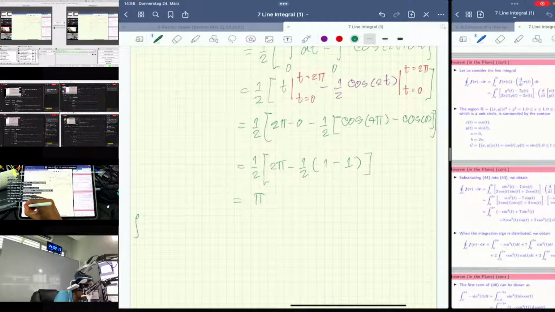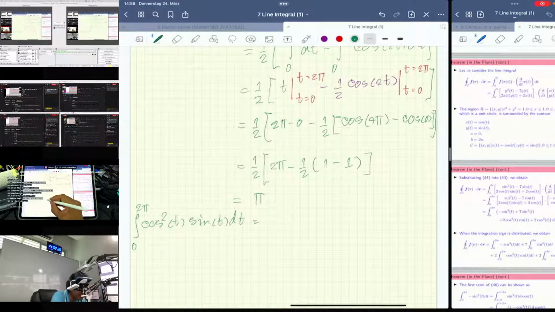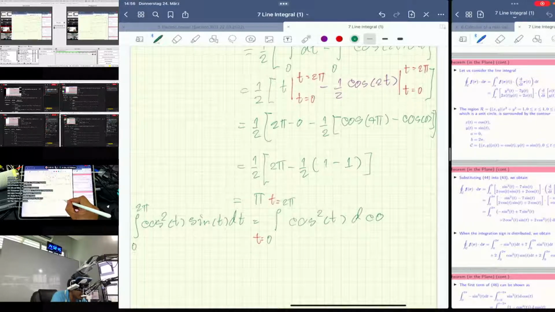For the third term, integration from 0 to 2 pi, cosine square t, sine t dt. It's going to be integration, once your t from 0 to 2 pi. And this one is cosine square t, d cosine, right?